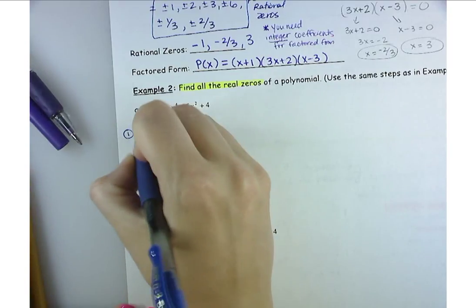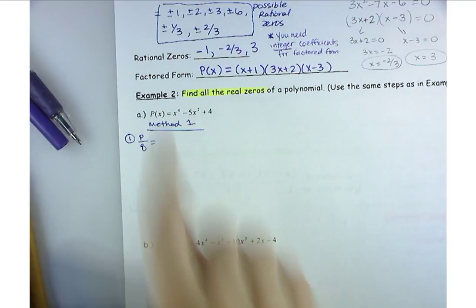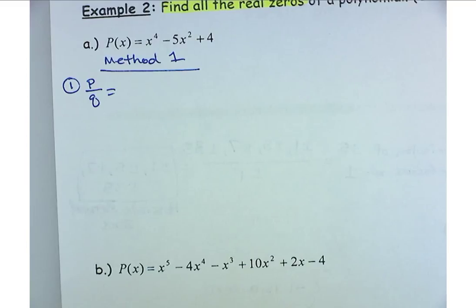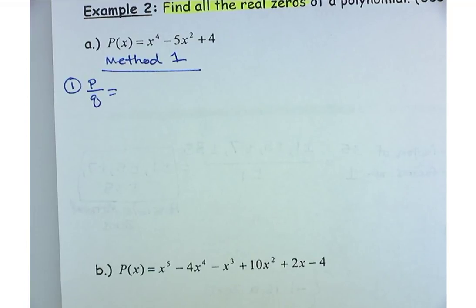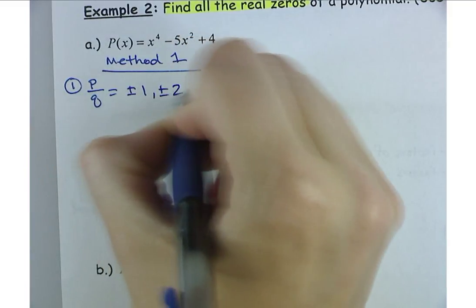So we would do our P over Q. And see how we can already tell that the leading coefficient is 1 here? So instead of just writing it over 1, let's just go ahead and write what all the rational zeros are going to be. Okay, so it's going to be plus or minus 1, plus or minus 2, plus or minus 4.